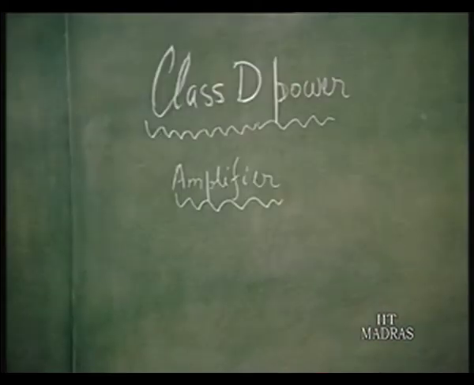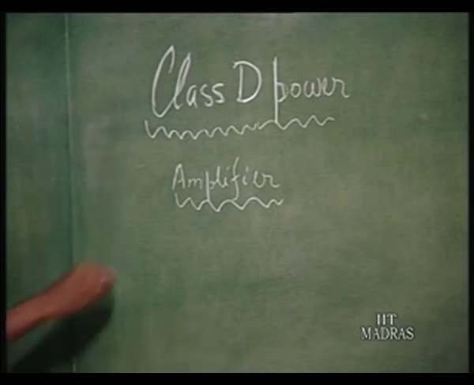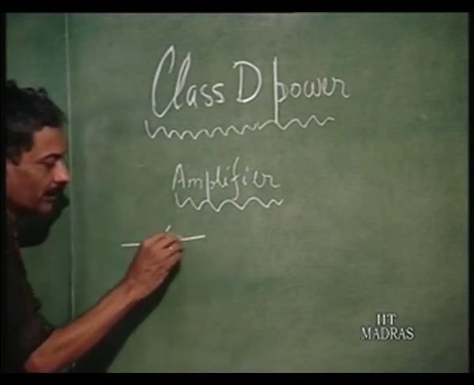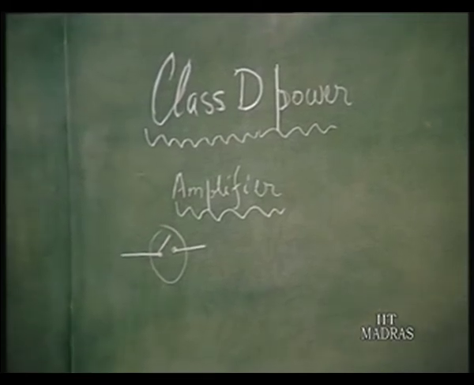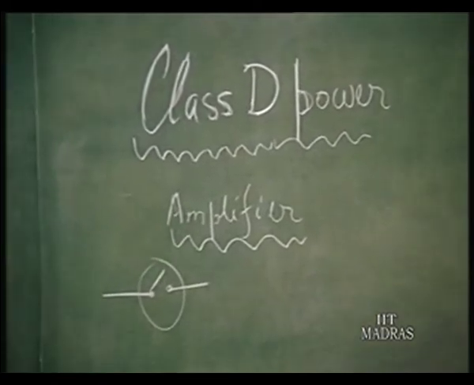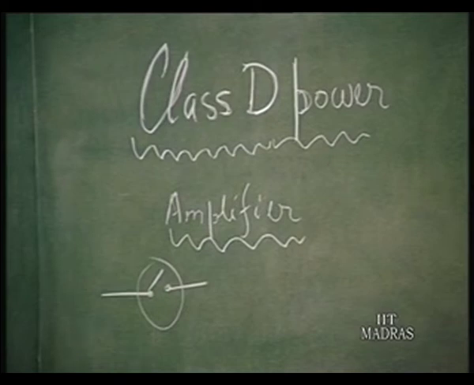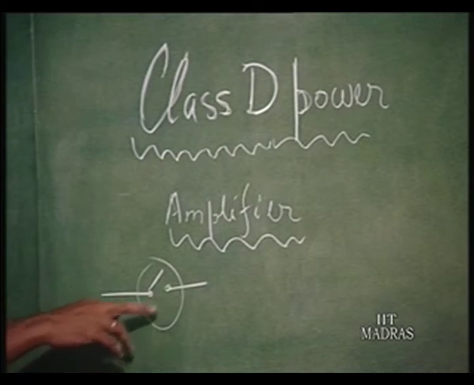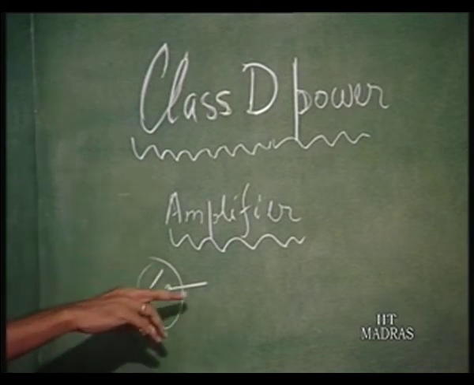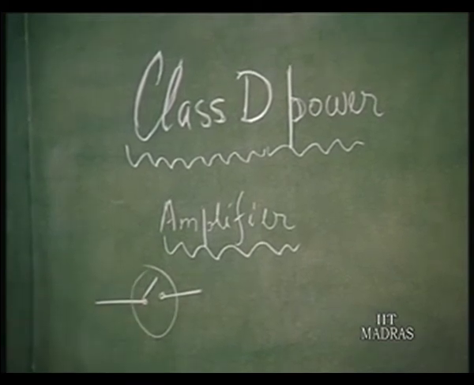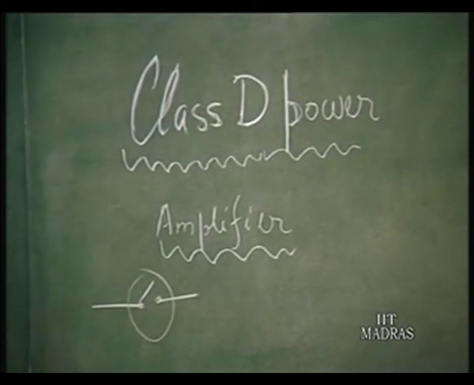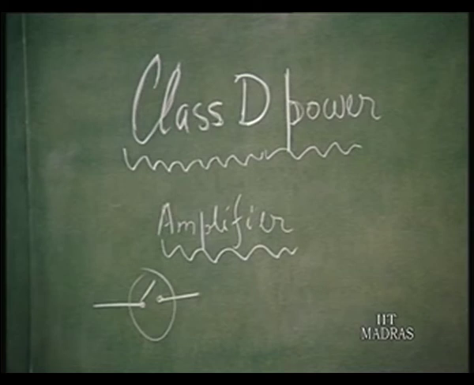So, consider a switch. If this active device is being used as a switch, when the switch is open, there is no power dissipated. When the switch is closed, again there is no power dissipated. When it is open, there is no power dissipated because current is 0. When it is closed, there is no power dissipated because voltage is 0. So, basically the active device does not have to dissipate any power.